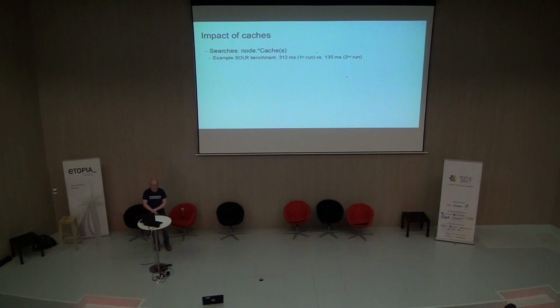So what is the impact of caches? One of the greatest impacts you can observe is when doing a search, for example, against Solr, and this affects specifically the node.anything cache, basically the node property cache, node aspects cache, and everything else, because those are the most important caches in the entire system. Just doing an example Solr query, I think it was for about a 200 results page, the difference is basically that you can reduce your time of execution by about 60 to 70% between empty caches and full caches.